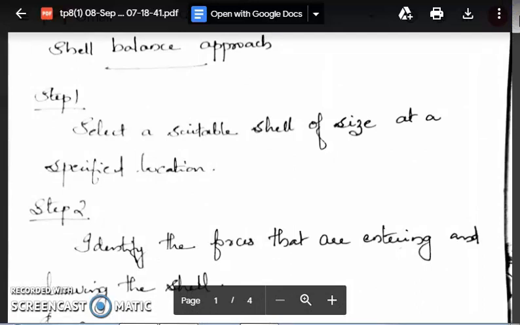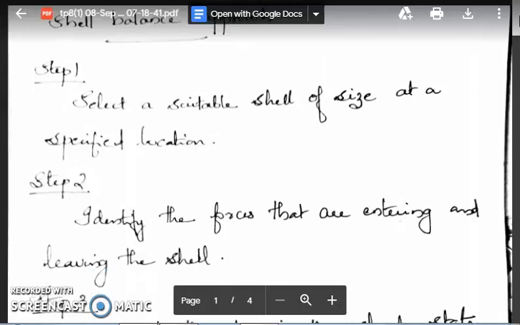Then the next step is we have to identify the forces that are entering and leaving this shell. You know, there are various types of forces, that is gravity force, pressure force, many types of forces are there. So you have to identify the forces which are entering and leaving this shell.